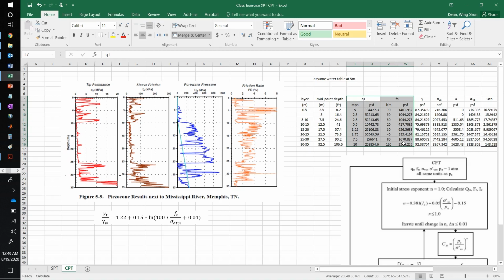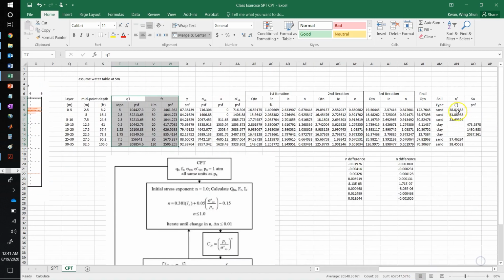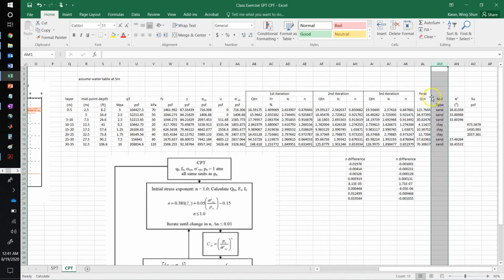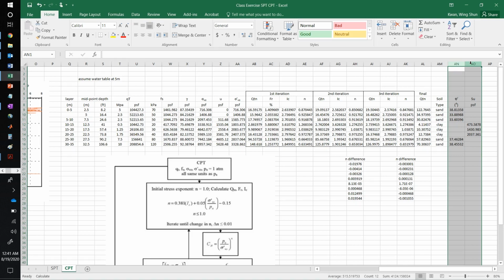But anyways, the whole purpose here is to walk you through how to convert those few data of tip resistance and side friction to, at the end of the day, the soil classifications and each of the soil parameters we want: the friction angle for sand or the undrained shear strength for clay. And we also want to know the unit weight of the soils too.